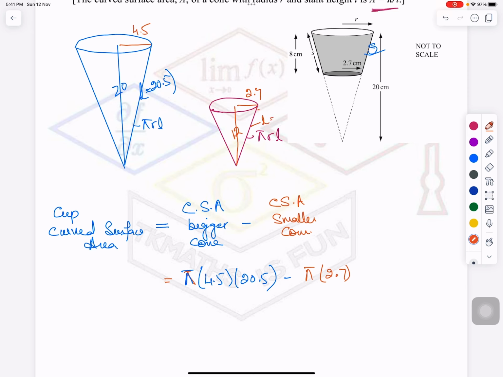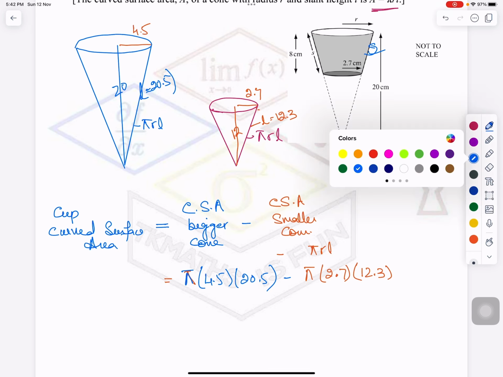Again, I'm applying Pythagoras theorem. 12 square plus 2.7 square under root. And it is 12.3. So I got here 12.3. Okay, are you with me what I'm doing? So I'm doing pi RL minus pi RL. Okay, for bigger one, for smaller one.